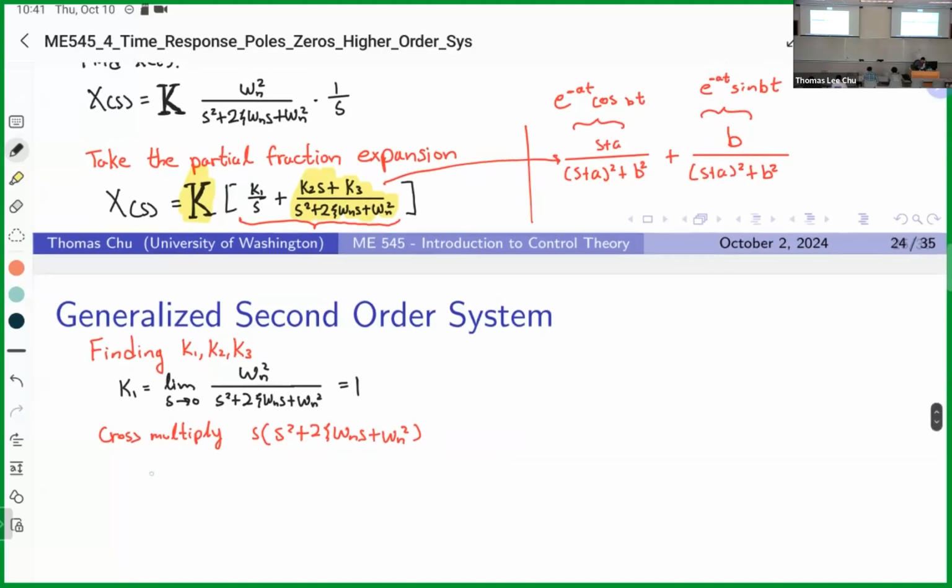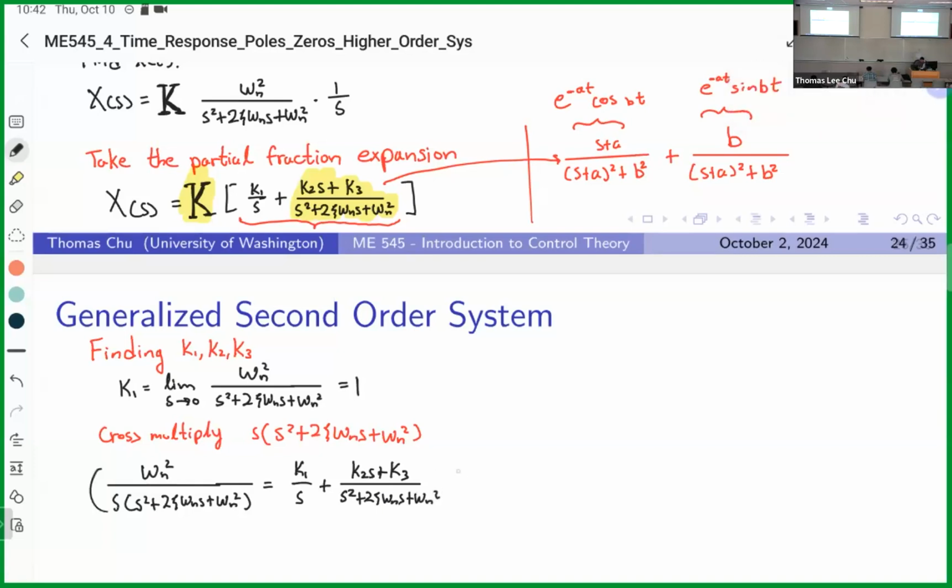We get omega n squared divided by s squared plus 2 zeta omega n s plus omega n squared is equal to, we know K1 now, 1 over s plus, I'll still leave K1 in there, K1 over s plus (K2 s plus K3) divided by s squared plus 2 zeta omega n s plus omega n squared.